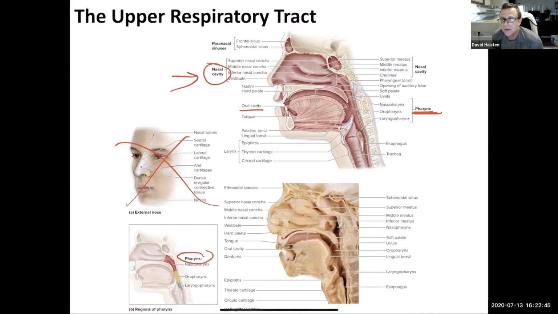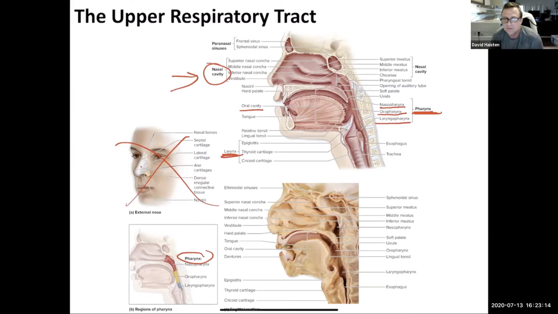Now the pharynx can be split into three divisions. Behind the nasal cavity is the nasopharynx. Behind the oral cavity is the oropharynx. And where your larynx is, which is the very top of your windpipe, we have the laryngopharynx.